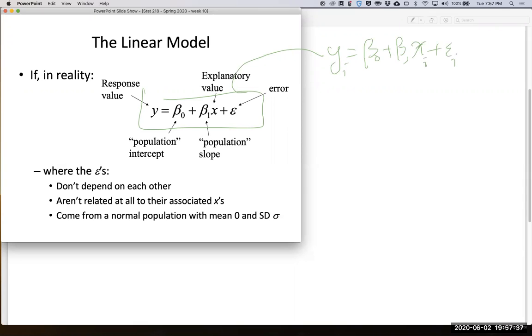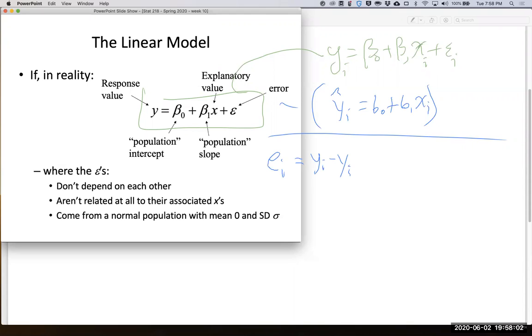And I'm going to fit a model here that I'm showing now in blue. Y hat i is b0 plus b1 times xi. That's my trend line. And if I subtract the second equation from the first one, I will have what we term a residual. e sub i is yi minus yi hat.